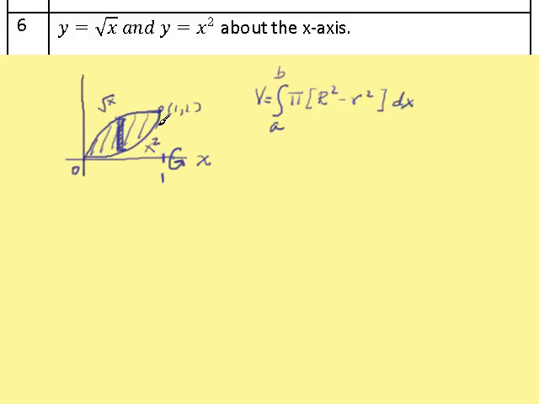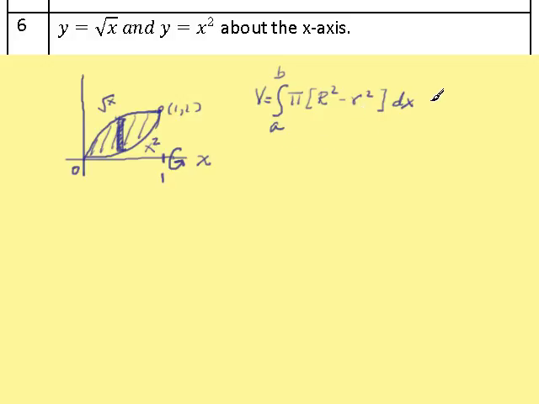So the big disk would be formed by this rectangle going all the way down to the x-axis. And the little disk is formed by this little piece underneath, the part of the rectangle that doesn't touch the x-axis. And we subtract that out to get a washer shape, a disk with a hole in it.